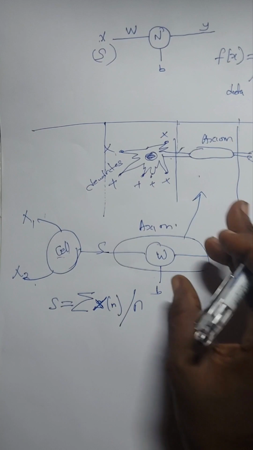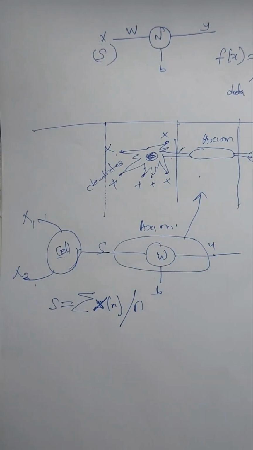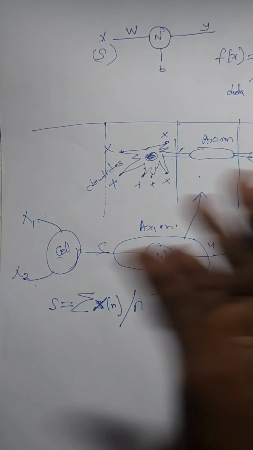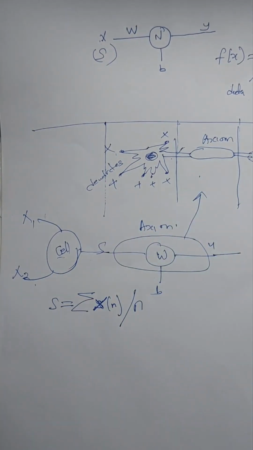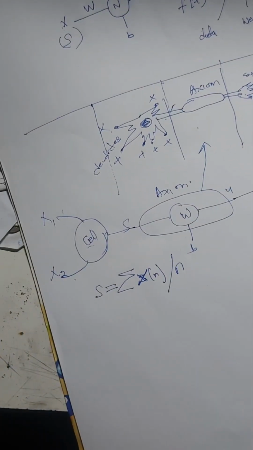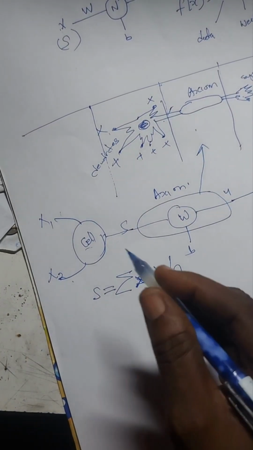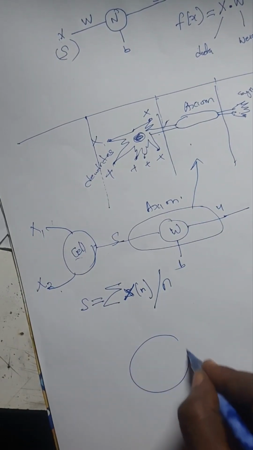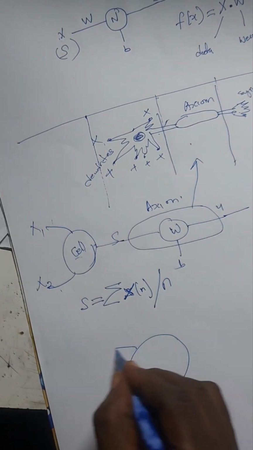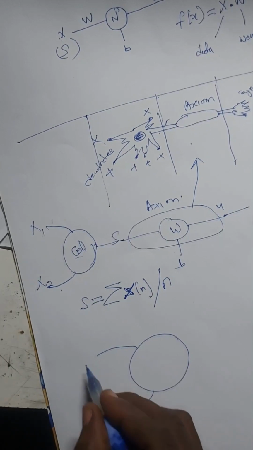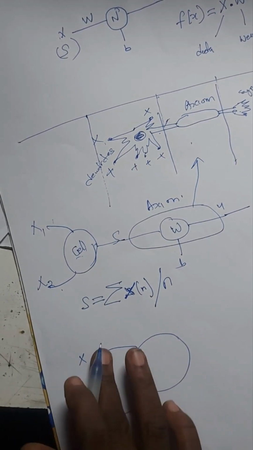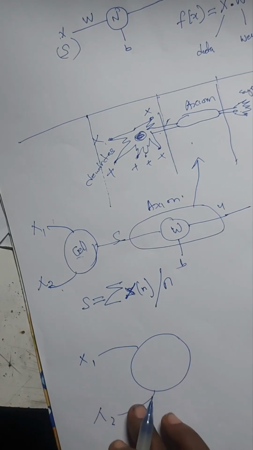This output from the axiom can then be passed to another function, which is the activator. That could be your choice of activator, and then that will produce the output. In essence, a new design for a neuron should be something like a cell with the x inputs, x1 and x2. We're no longer going to put weights here.